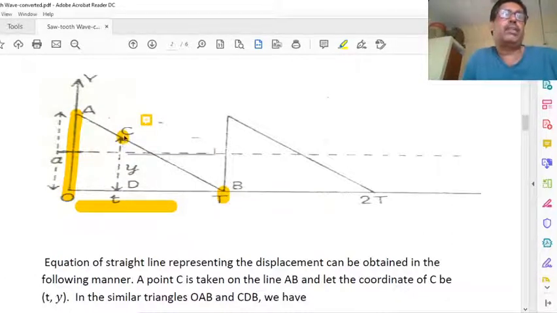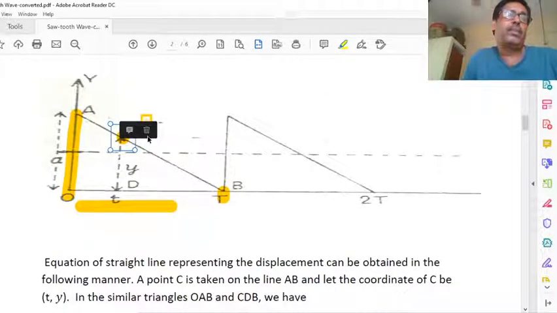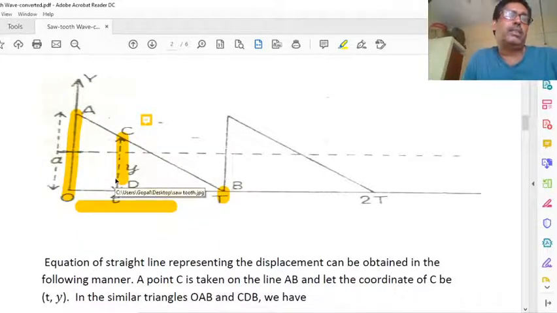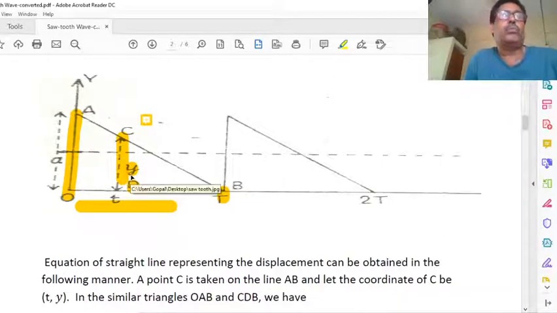Here we have selected point C, and if we draw a perpendicular, it is CD. I have assumed this to be Y. So OA is small a, and CD is equal to Y.